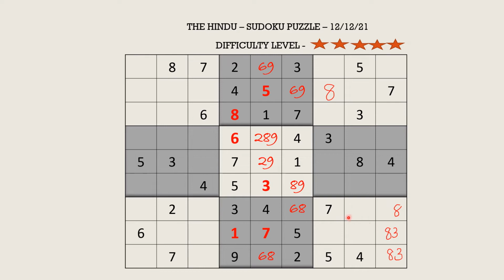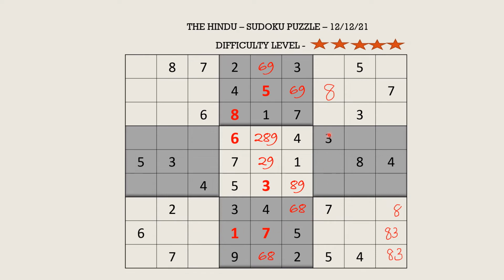And if you analyze these cells, this cell might have very few numbers, but we have these block and here a lot of numbers. So if you analyze this cell, it cannot have 1.